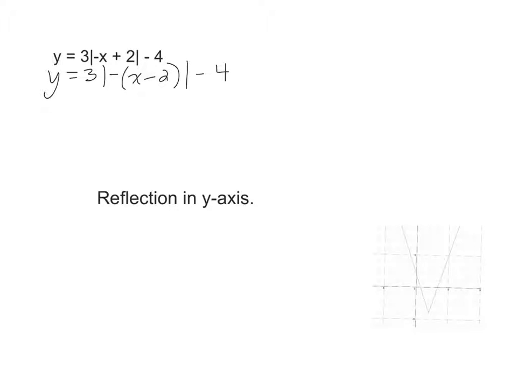What else does it have happening here? What should we talk about next? We talked about the reflections. Stretch. What kind of stretch does it have? Horizontal or vertical? Vertical. By a factor of 3. And then we can talk about translations.